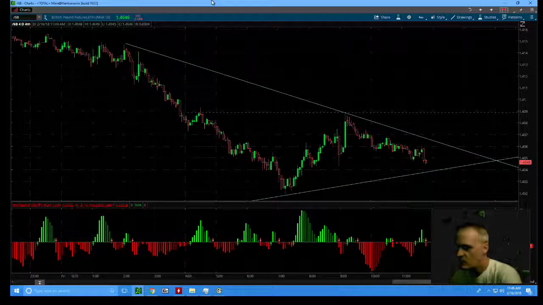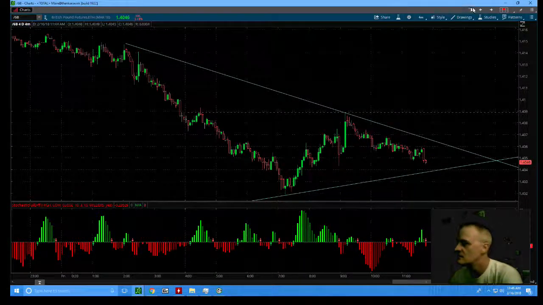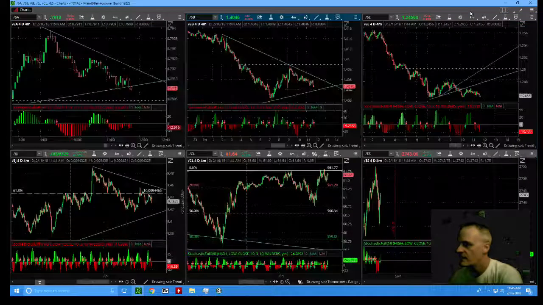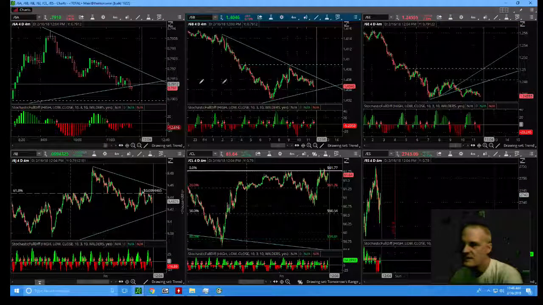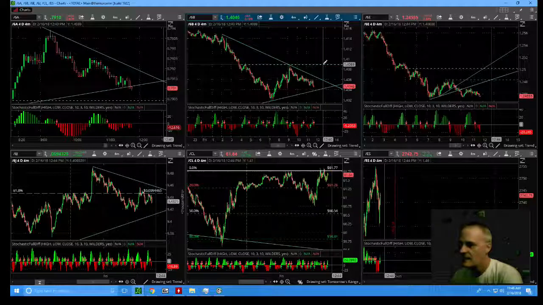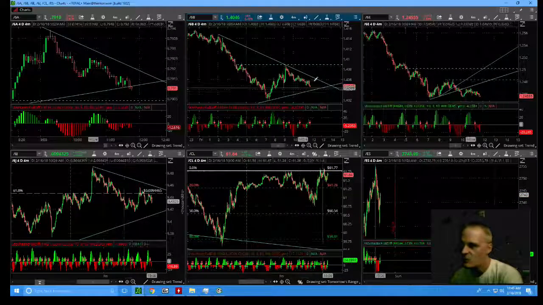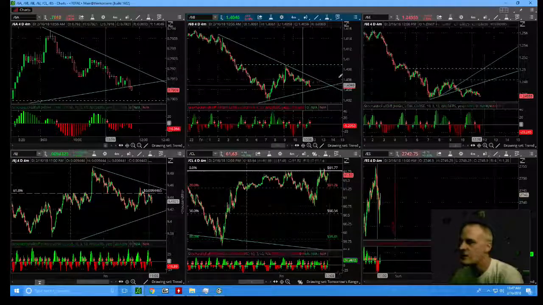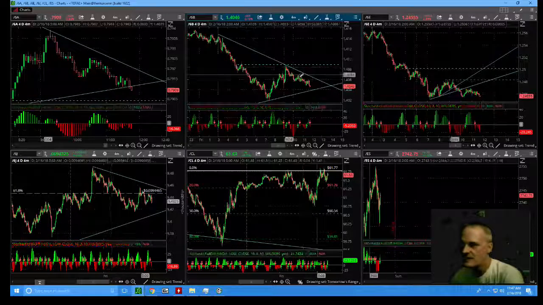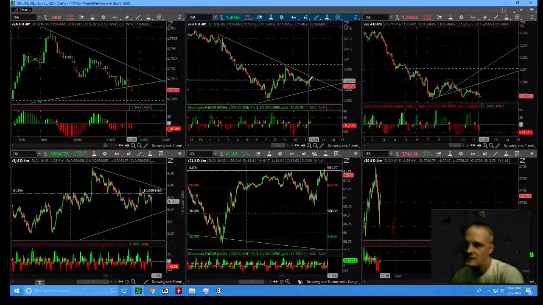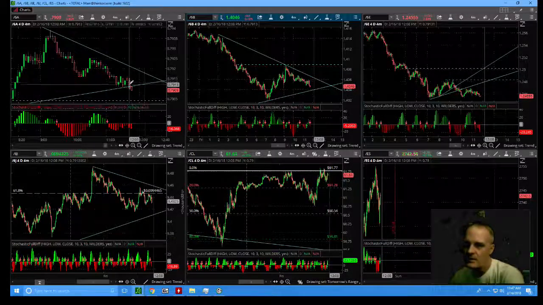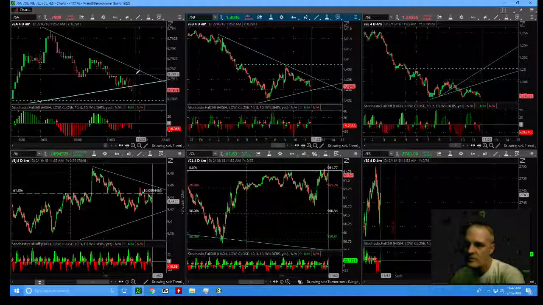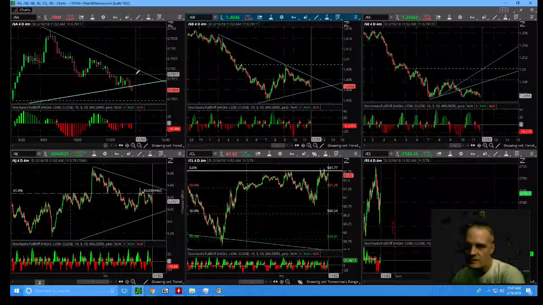So the idea is once I get these drawn, then I can just leave this up, and as moves are happening, I can see where it is, for example, in this coil. I would glance over here and say, oh, the Australian dollar just broke through the bottom of support.